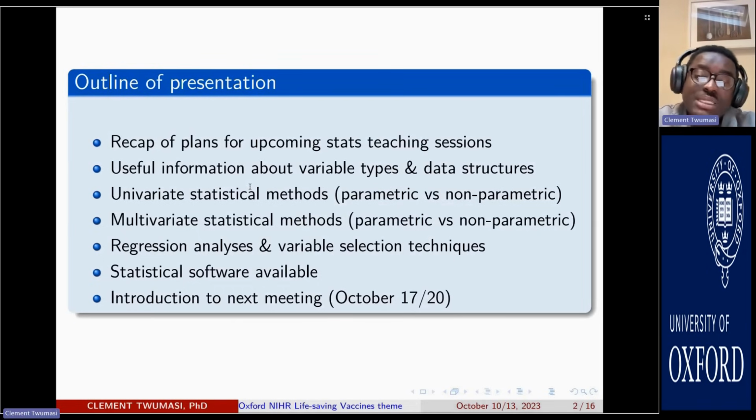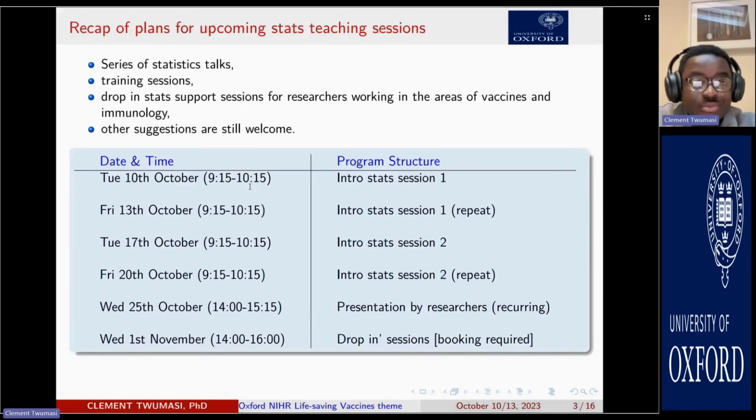Then we'll touch on variable selection techniques, the statistical software available to perform statistical analysis, and sample size determination. Finally, we'll introduce the next meeting happening next week and what we expect to see.